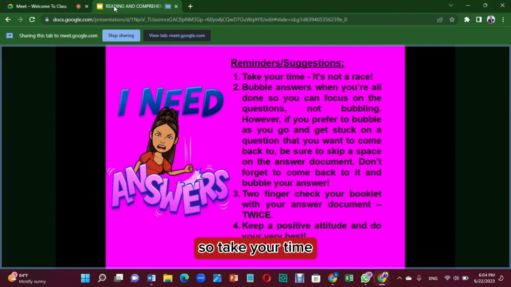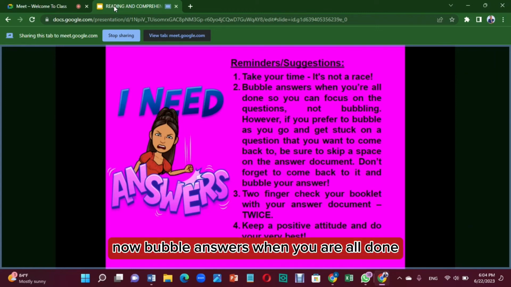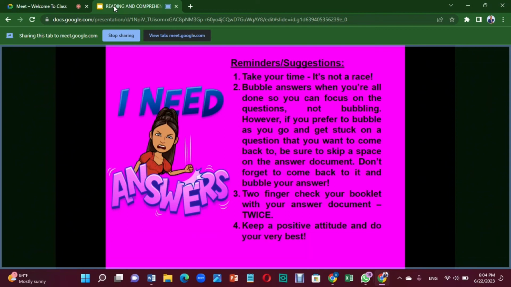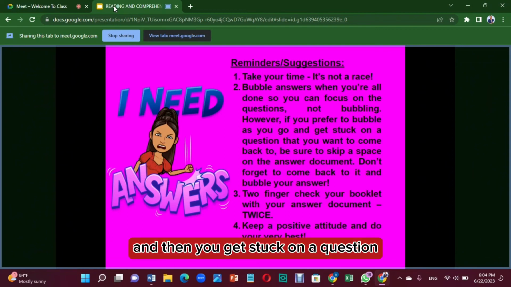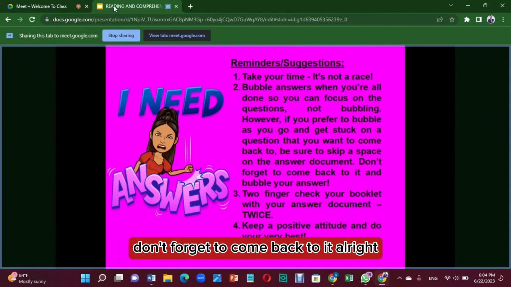So, take your time. Now, bubble answers when you are all done, so you can focus on the questions. However, if you prefer to bubble as you go, and then you get stuck on a question you want to come back to, be sure to skip a space on the answer document.